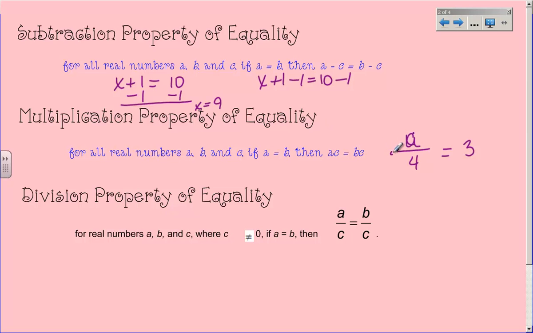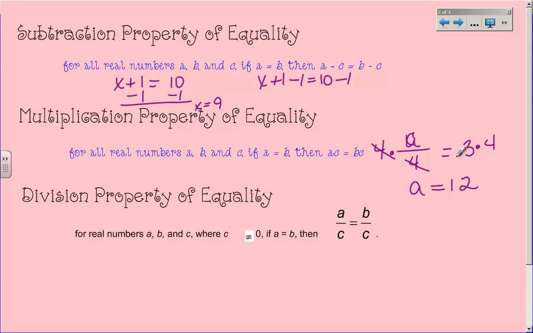And so if I multiply by 4 on both sides, it will take care of my problem, and so I can find out what A equals. But the multiplication property of equality says as long as I do the same thing on both sides, I'm not changing my equation. So these cancel, you end up with A equals 12. And so it occurs on both sides.